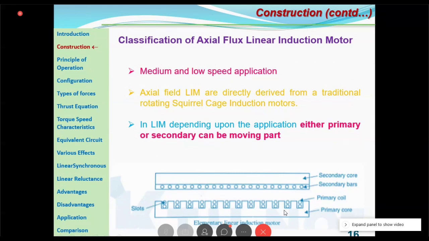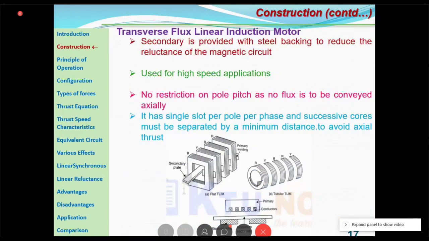When you are moving to the transverse flux linear induction motor, the secondary is provided with a steel backing. Why are we providing a steel backing? As you can see in the secondary, normally here you have a steel backing, but in the case of the axial type, it is not there. We provide the steel backing usually to reduce the reluctance of the magnetic circuit. And this is mainly used for high speed application, but the axial type is mainly used for low and medium speed application.